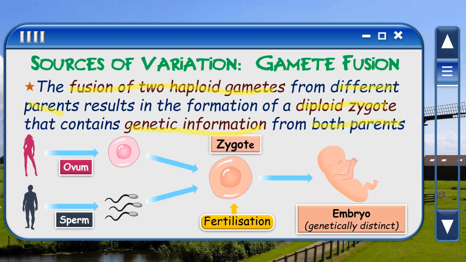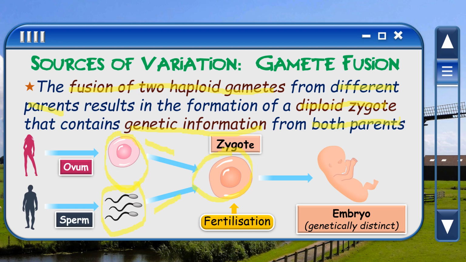So we have the egg or ovum coming from the mother, and it is going to combine with the sperm coming from the father, and they form a zygote during fertilization. This one brings half, and this one brings half. They are haploid. The egg is haploid, the sperm is haploid.